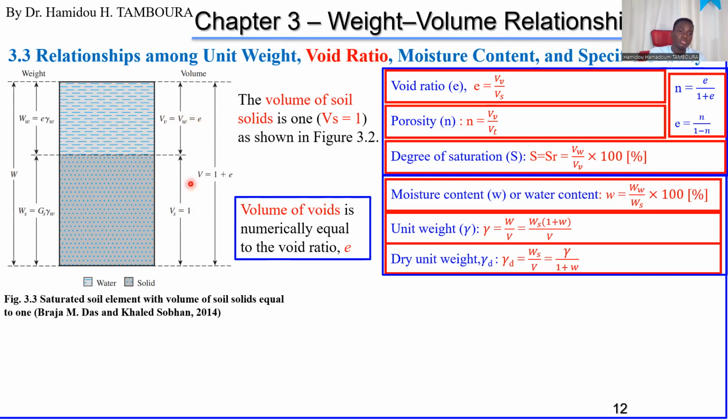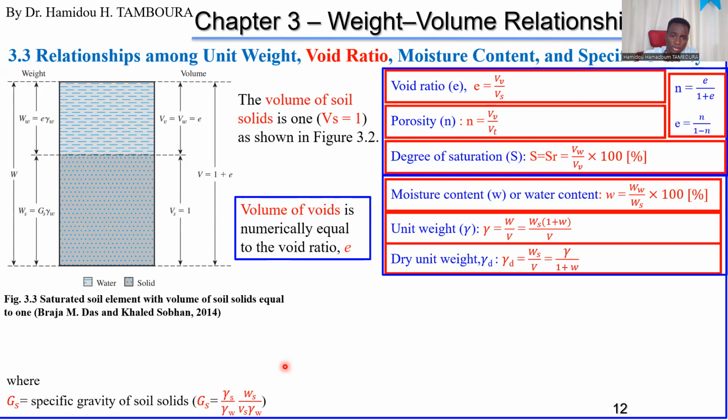Now let's go to the weight. Weight of the solid. By using the same situation here, specific gravity, I have explained this already. The specific gravity, Gs, equal gamma S divided by gamma W. And then the formula of gamma S is weight of solid divided by volume of solid.